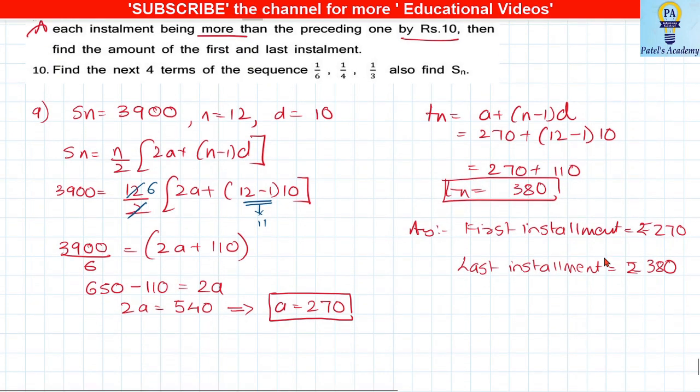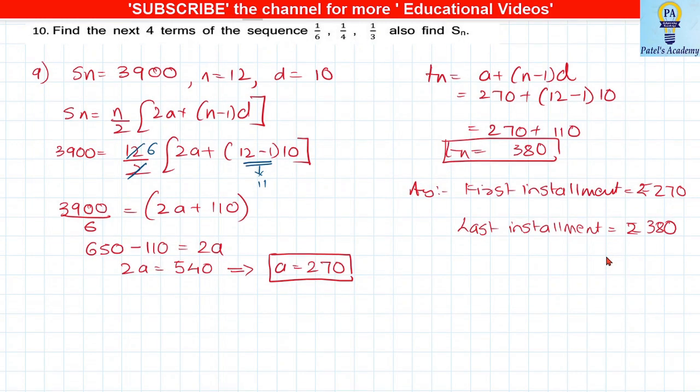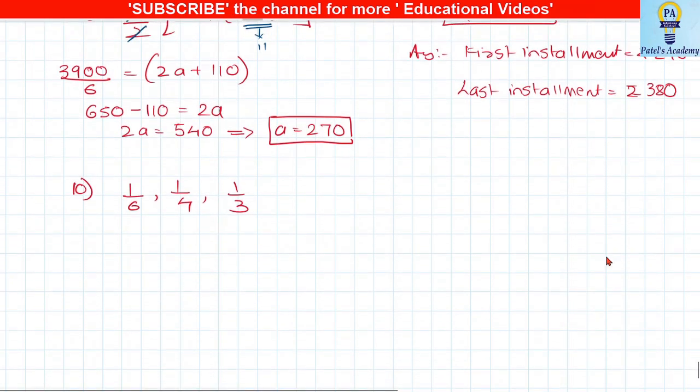Okay, now the last sum, students, the 10th one. They have given the AP 1 upon 6, 1 upon 4 and 1 upon 3. You have to find the next 4 terms and you have to find out Sn. Okay, so let me write down. The terms are 1 upon 6, 1 upon 4, 1 upon 3. You have to write the next 4 terms and Sn.